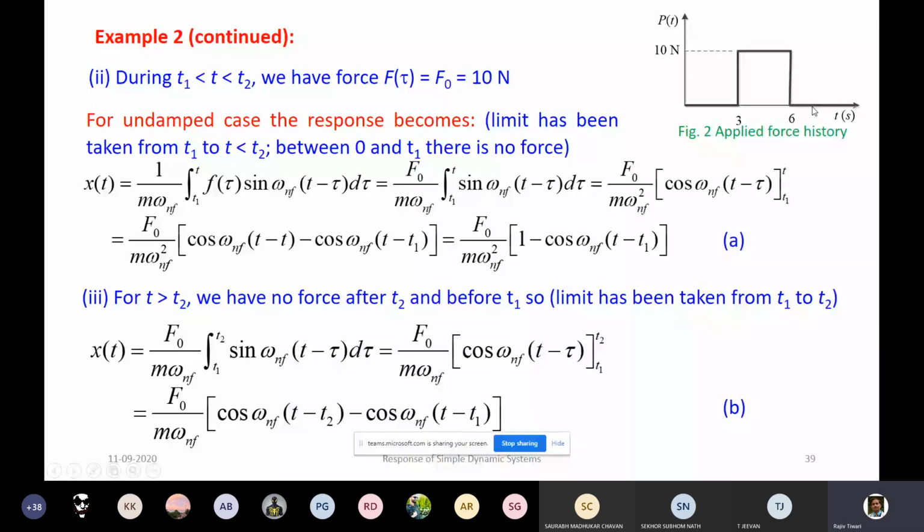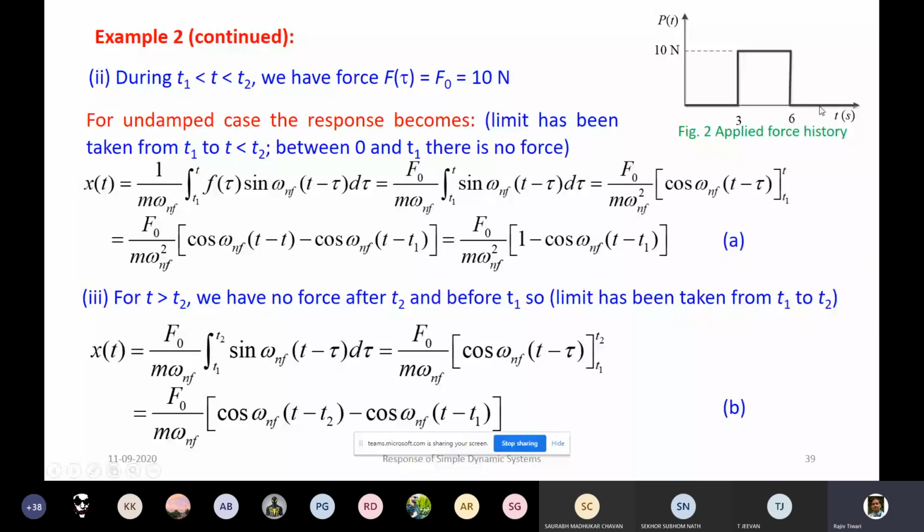So here we could have taken 0 to T1 integration, but because the force amplitude is 0, that is 0. Then the second term is T1 to T2. The third term should have been T2 to T, but the force is 0, so that is not contributing here.